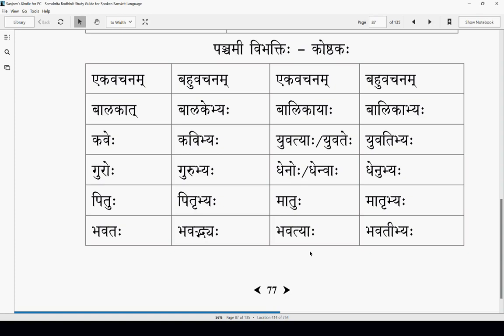What is Makaraha? Crocodile. The crocodile comes out of the river. You say Nadyaha Bahihi Makaraha agacchati. Or Sagarat, or Samudrat Bahihi, again Makaraha or Kurmaha agacchati.